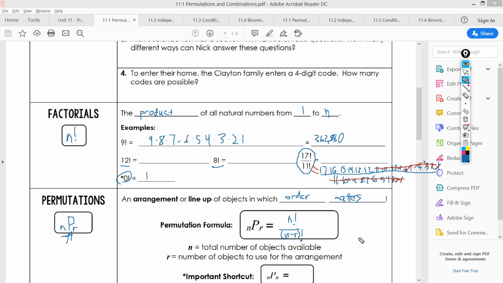I'm going through the formula real quick because I don't use the formula, okay? I try and work intuitively because you are not going to remember nPr equals n factorial over (n minus r) factorial. You're never going to remember this.